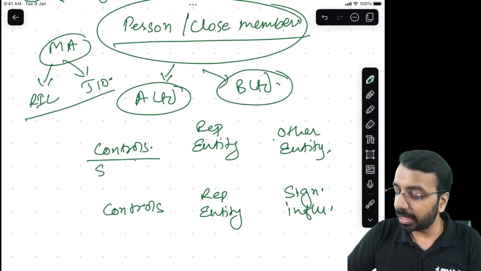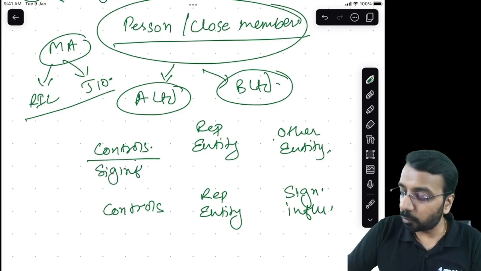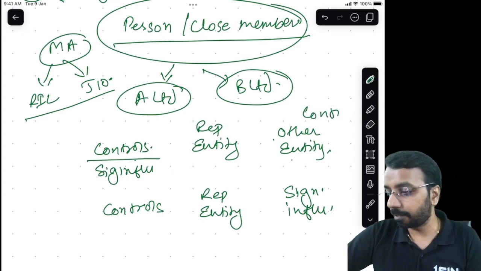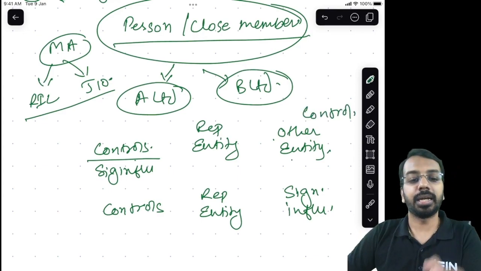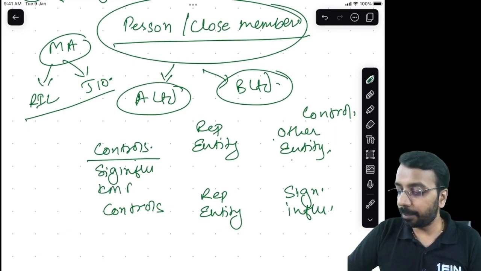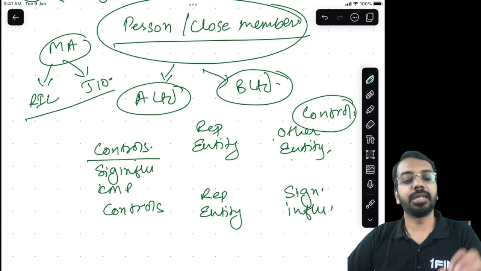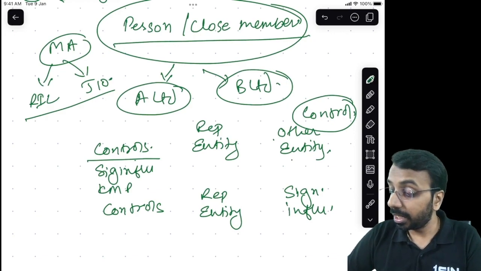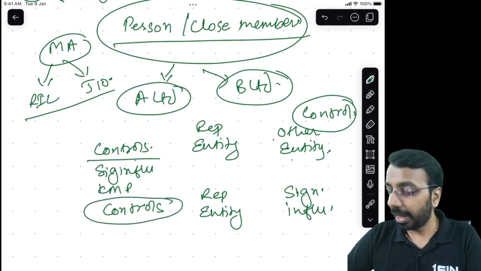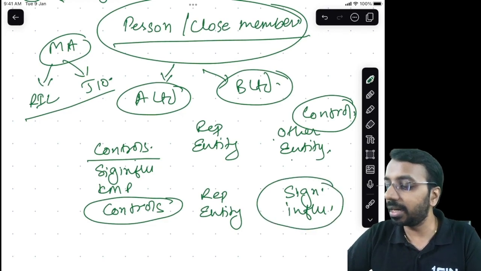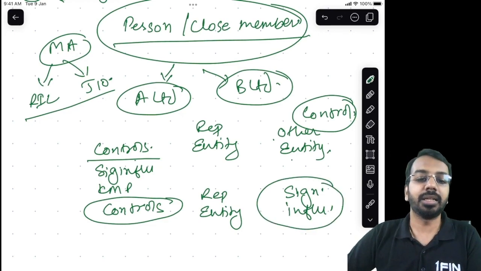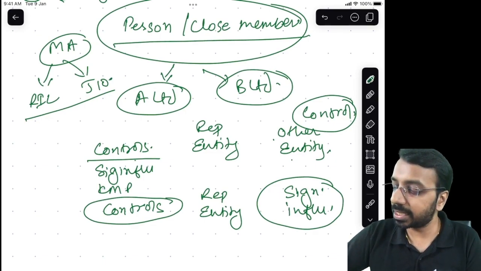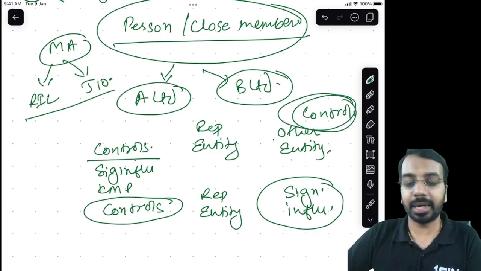If he has significant influence and controls the other entity, so here control is necessary, then also it is a related party. Here if he is KMP, here again control, there is a related party relationship. Whereas if he controls the reporting entity and has significant influence on the other entity, then it is a related party, right? So the difference here is that in the first scenario he is controlling the other entity.